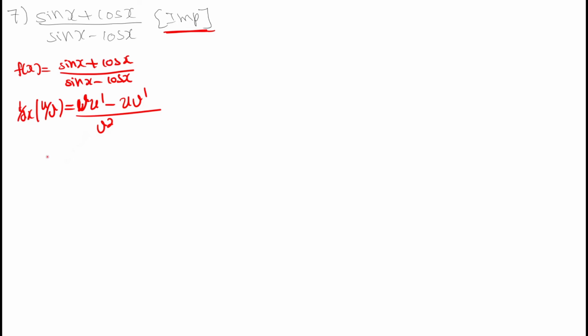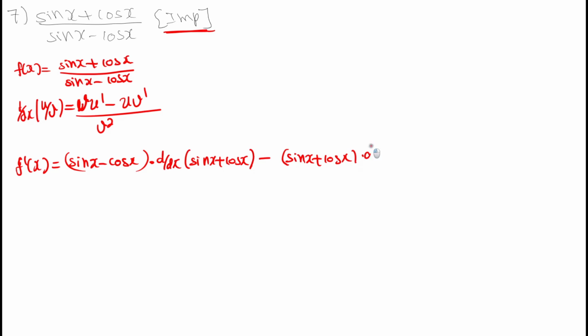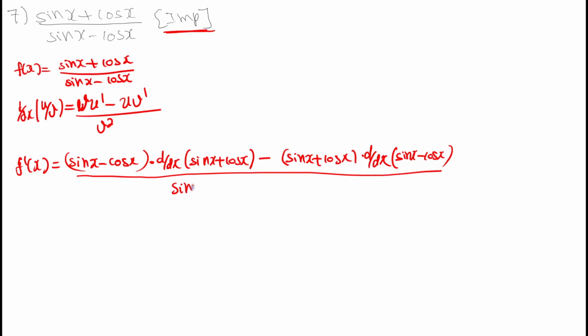denominator by denominator square. So that f dash of x is equal to sin x minus cos x into d by dx of sin x plus cos x, that will be our numerator, minus by the formula, then numerator sin x plus cos x into d by dx of the denominator is sin x minus cos x divided by denominator square. Denominator square is sin x minus cos x whole square.